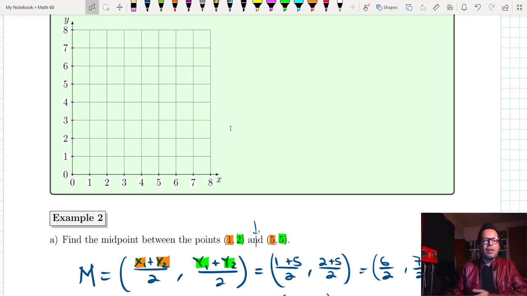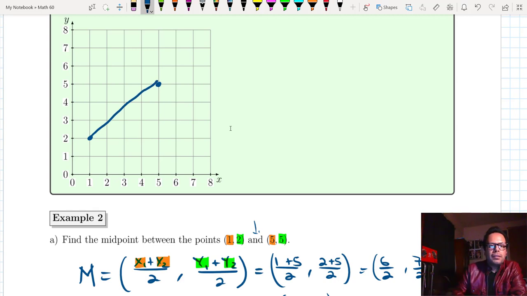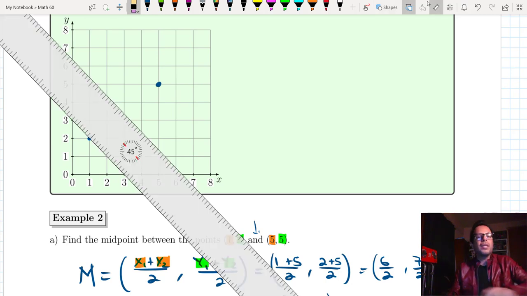Let's verify that graphically. Let's plot the point 1 comma 2 again and the point 5 comma 5. Let's draw a line segment, and I need this to be perfect, so I'm going to need a ruler, I guess.